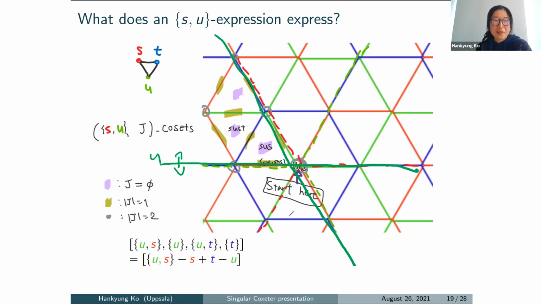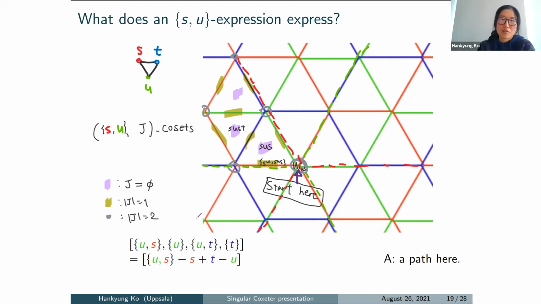And the example we take, so here we start with US double coset. That's the smallest, and that is here. That's where we start. And you get out of the S, that takes you to this, and then you add T and subtract U. So the answer to the question is either a pass here or the end point of a pass here.